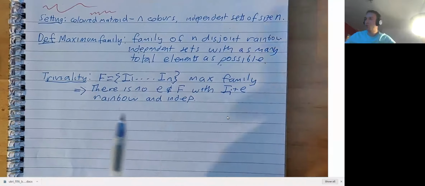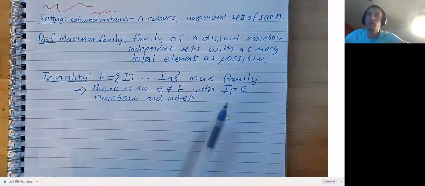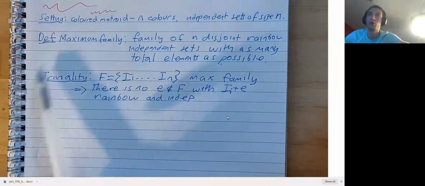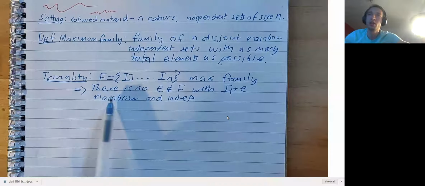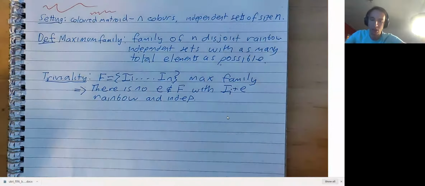So what can we do with this triviality? One consequence of it is that it shows that if you have a maximum family which doesn't cover too much, then you can move elements around with that maximum family to get other maximum families.